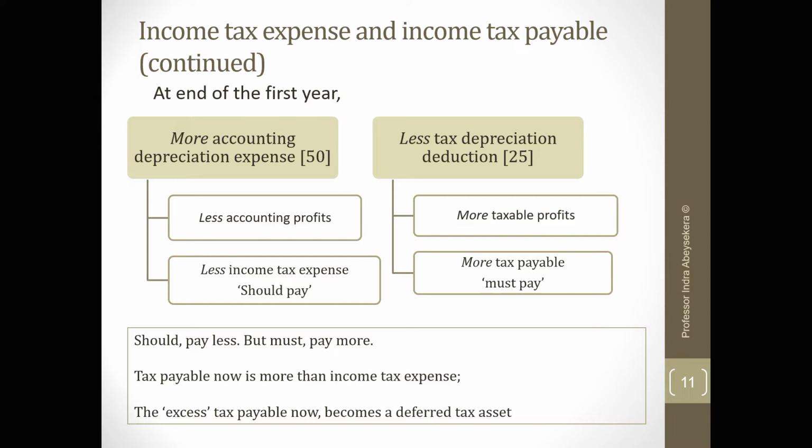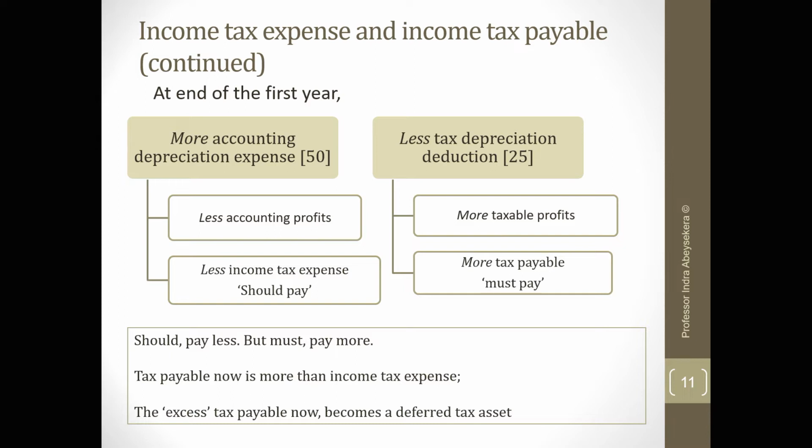And when we look at the difference from a tax perspective, that is after applying the tax rate, we can determine whether it's an asset, going to be a tax saving, or whether it's going to create a liability obligation for us to pay more taxes. But in this instance, for example, we should pay less, but we are paying more.